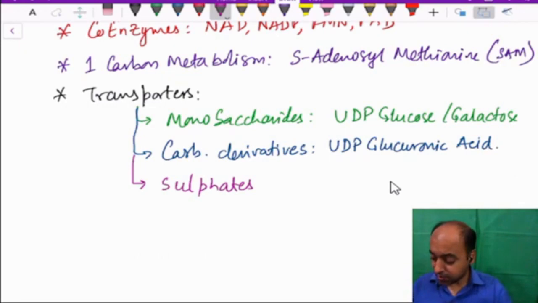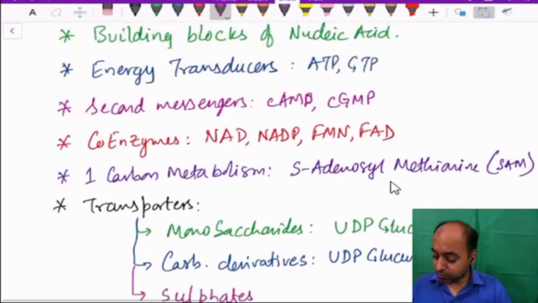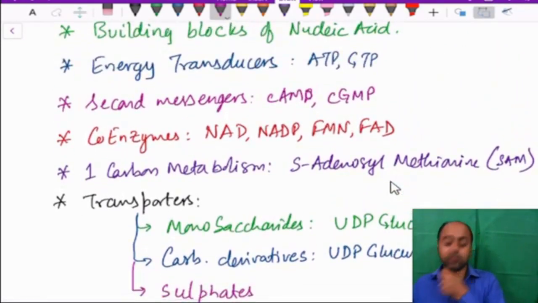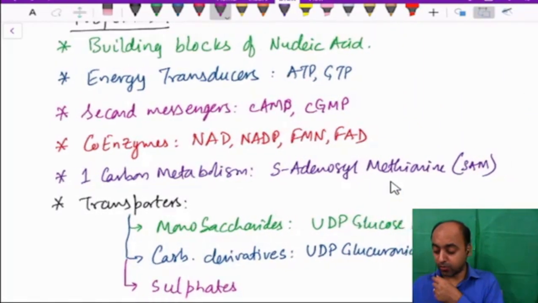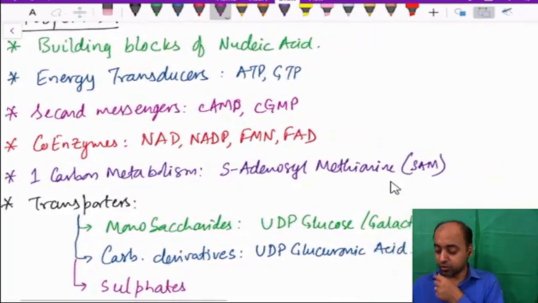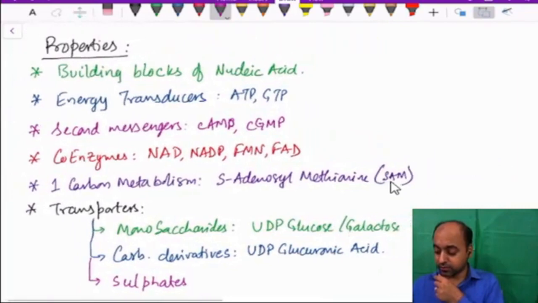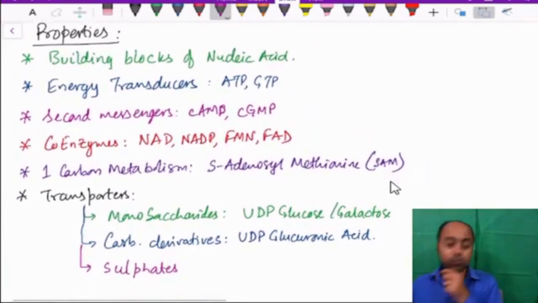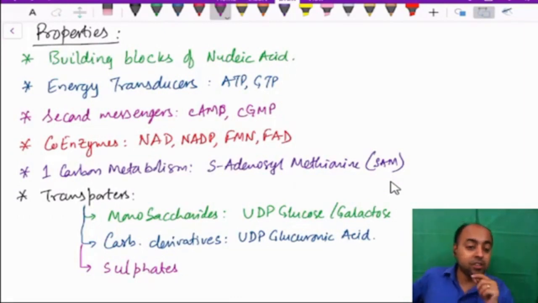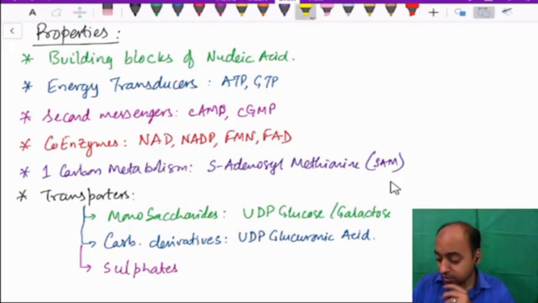So these are some of the common physiological functions of the nucleotides. And as you can see, most of these properties are very vital for the survival of the cell. Even those cells which do not have the nucleic acid, for example the RBC, require some of these functions. The energy transducing function of the nucleotide is required by the RBC.